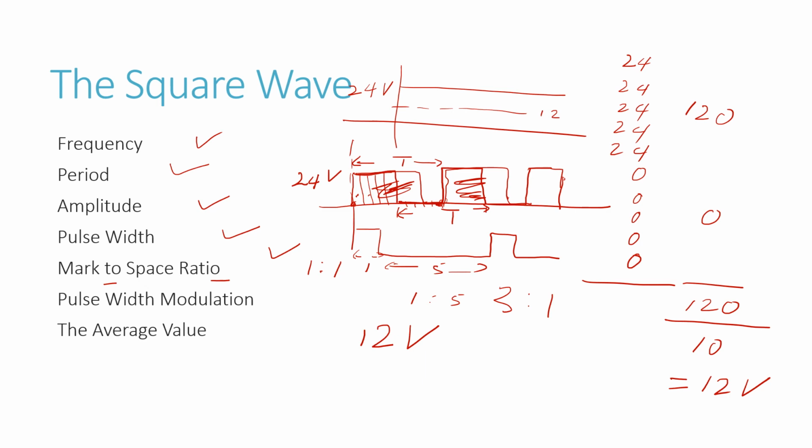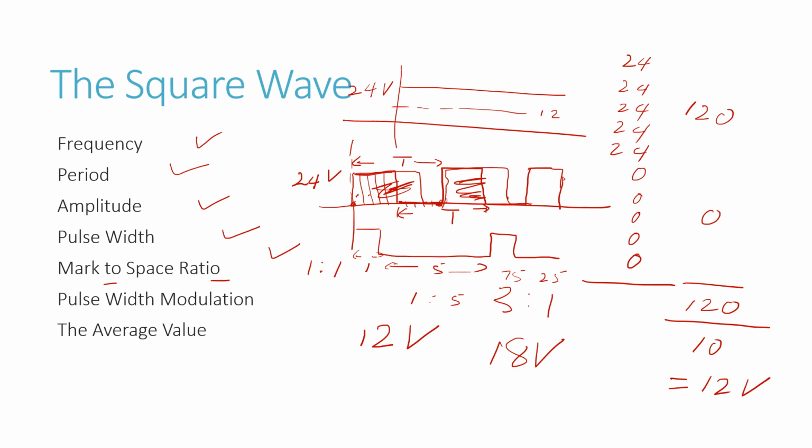This would be like 75% and 25%. Right? 3 of 4 is 75, 1 of 4 is 25. So if you have a mark to space ratio of 3 to 1, we would work it out: instead of 24 volts, 24 multiplied by 0.75, which should come out to 18 volts. So instead of running the motor at 24 volts, you're going to run at 18 volts, which is 3/4 of the maximum voltage.